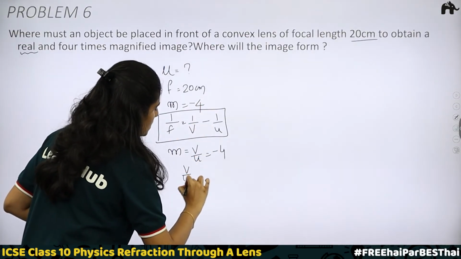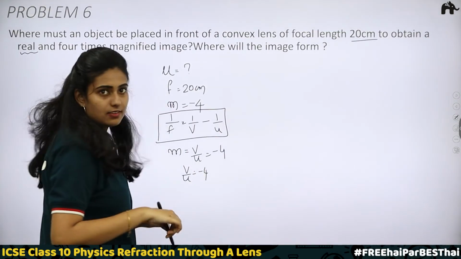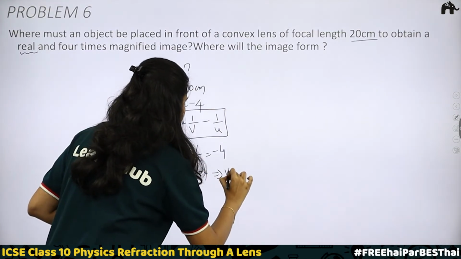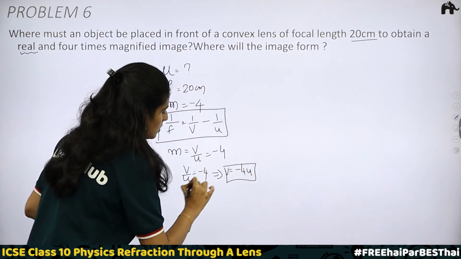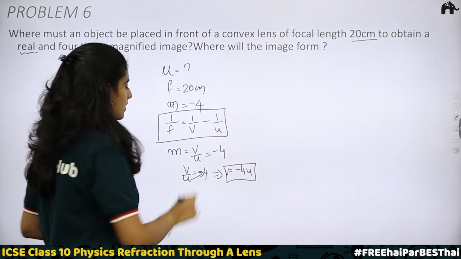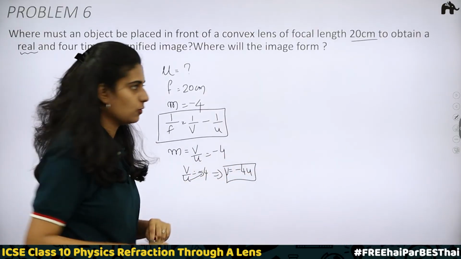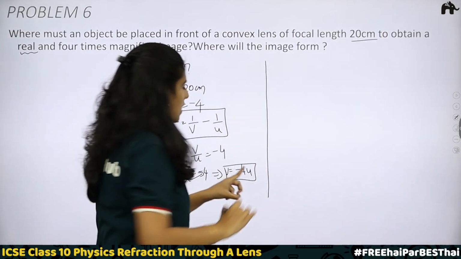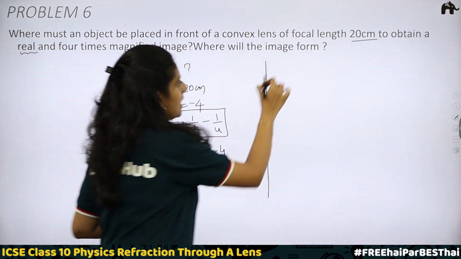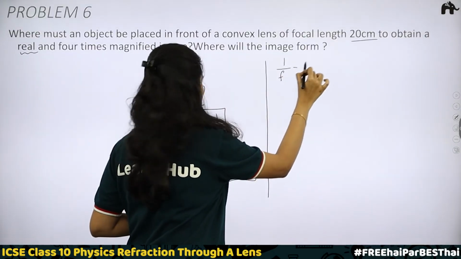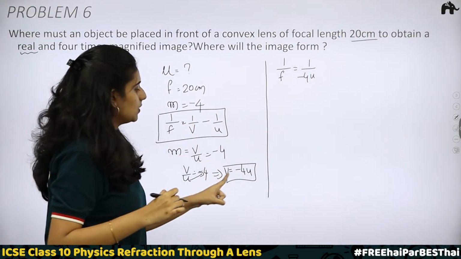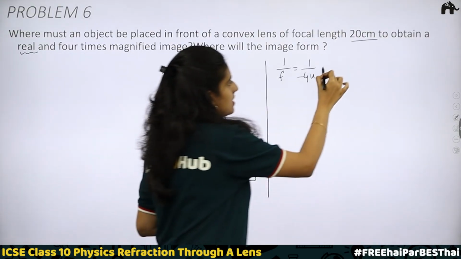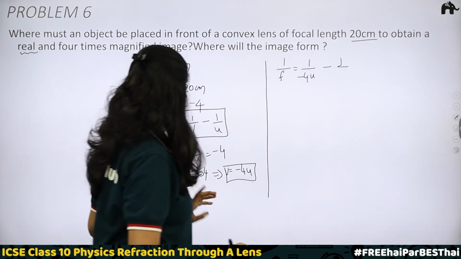If v by u is equal to minus 4, then we can write v is equal to minus 4u, just cross multiplying. Substituting here, 1 by f is equal to 1 by minus 4u, in place of v I am putting minus 4u, minus 1 by u.